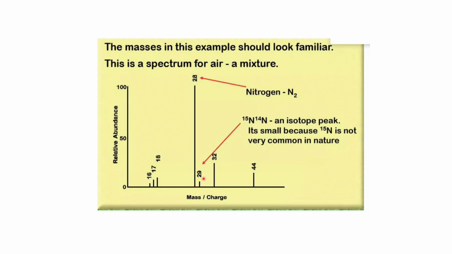And 29 could indicate N15, which is an isotope of nitrogen N14. It is small because N15 is not very common in nature, which is why you see very low abundance of the isotope N15, but highest abundance for normal nitrogen N14.